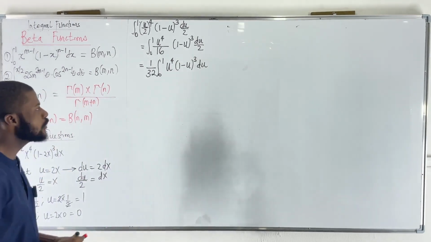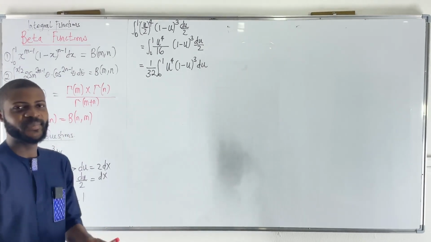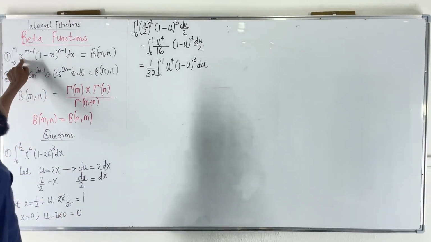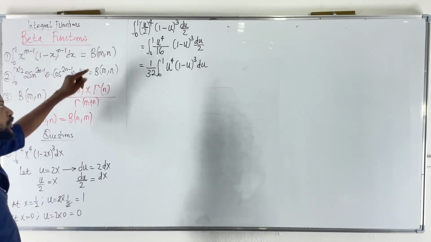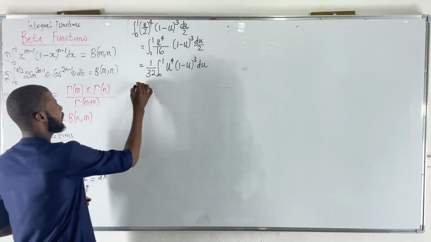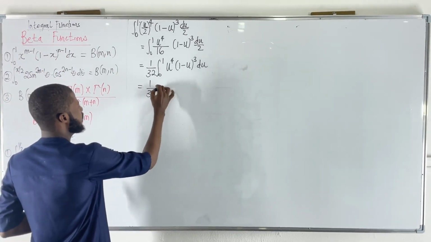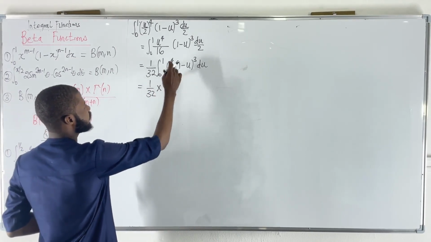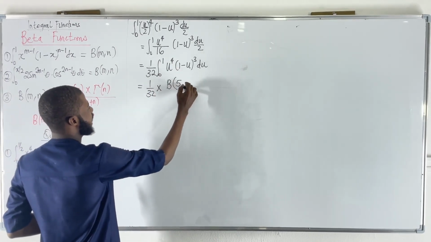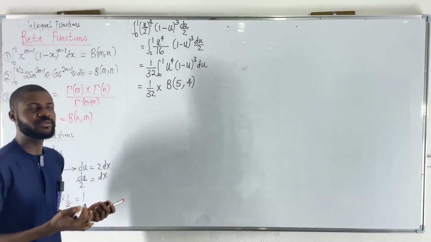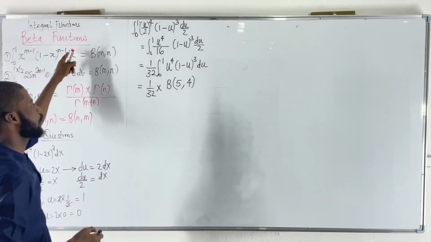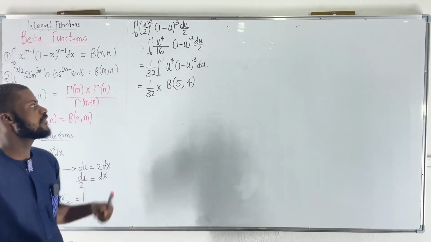As you can see, this looks like our standard form. So it will become 1 over 32 times the beta of 5 and 4. Remember that you always add 1 to the powers, that was how I got the 5 and the 4.